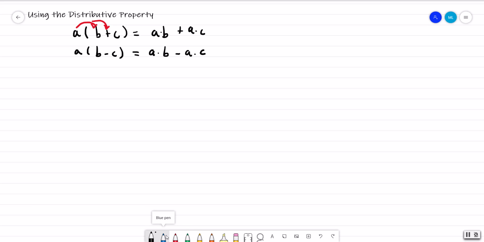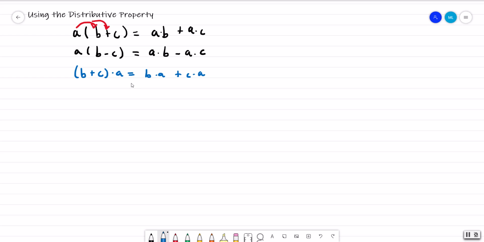So for instance, if I have b plus c multiplied by a, then you would expect the same exact thing where you have b times a plus c times a.